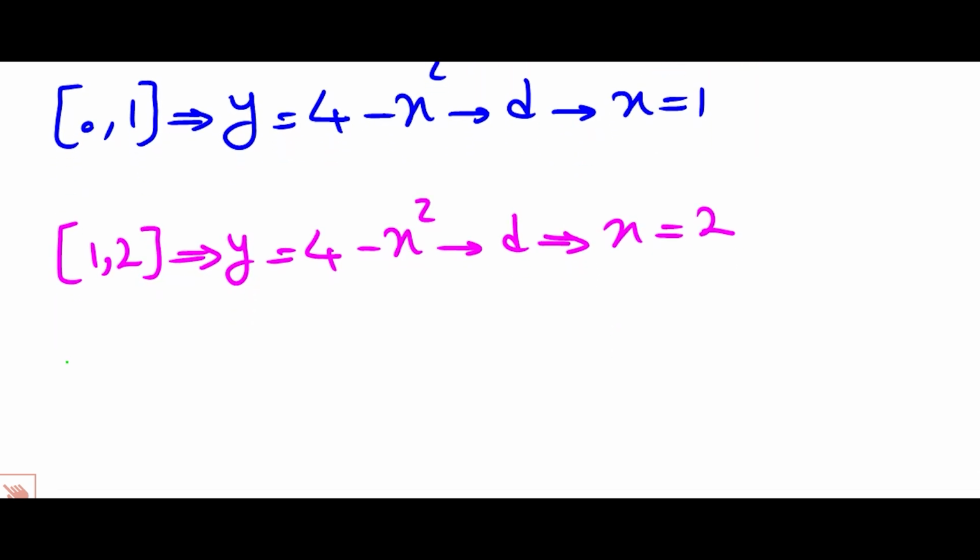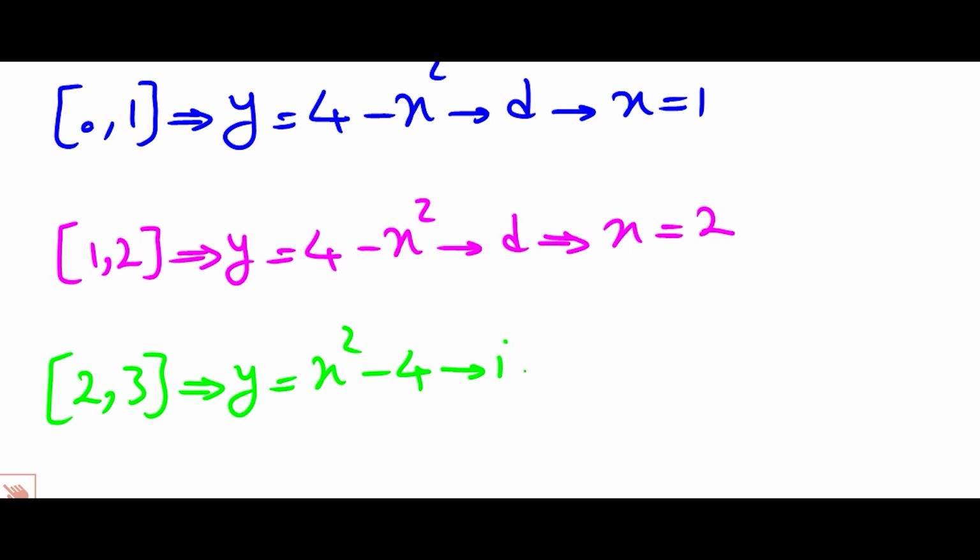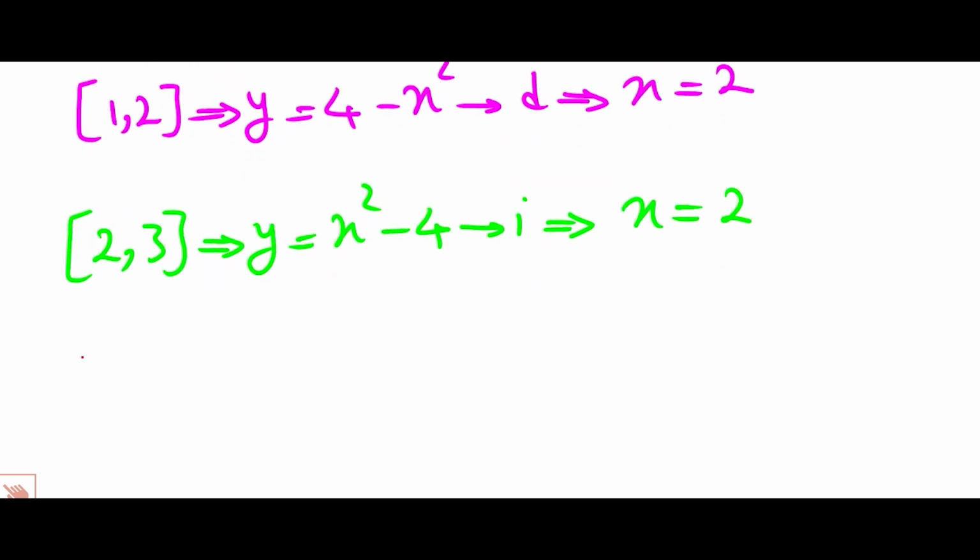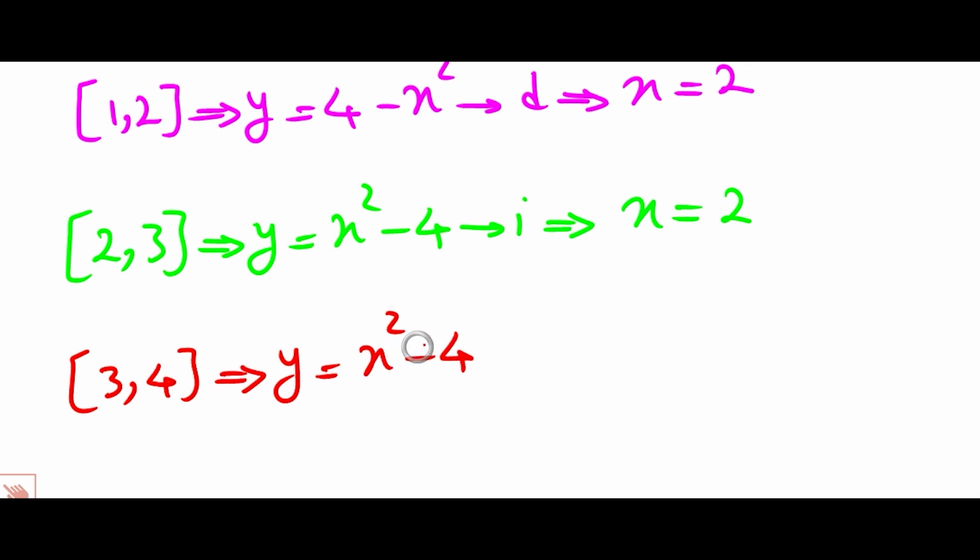The third interval, 2 to 3: y equals x squared minus 4 is increasing, so the minimum occurs at the left endpoint, x equals 2. And the fourth interval, 3 to 4: y equals x squared minus 4 is still increasing, so the minimum occurs at x equals 3, right?